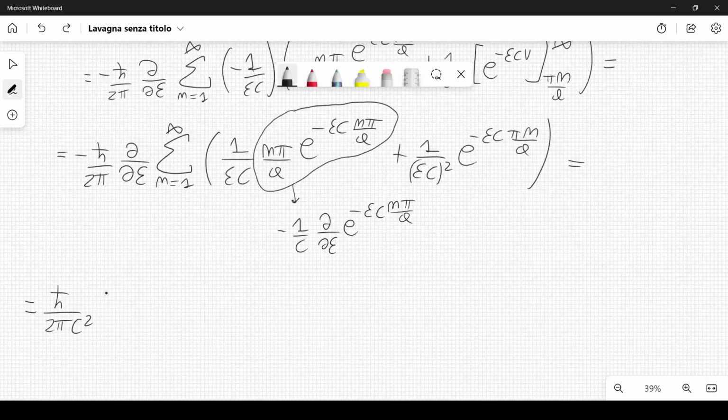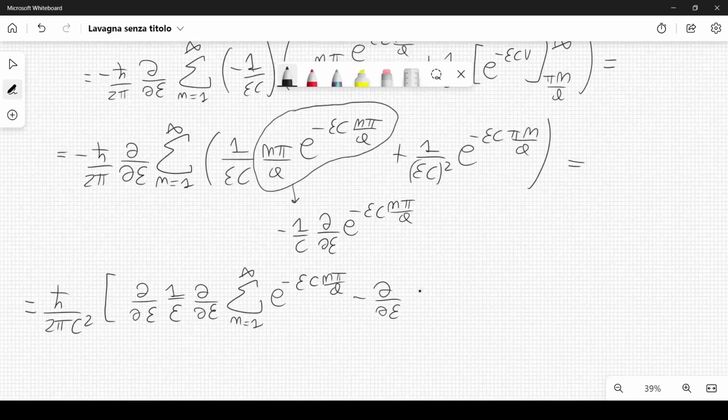Then I can rewrite the expression like this: d over d epsilon of 1 over epsilon, d over d epsilon of the summation over n from 1 to infinity of e to the minus epsilon c n pi over a, minus the derivative with respect to epsilon of 1 over epsilon squared, summation over n from 1 to infinity of e to the minus epsilon c n pi over a, like this.